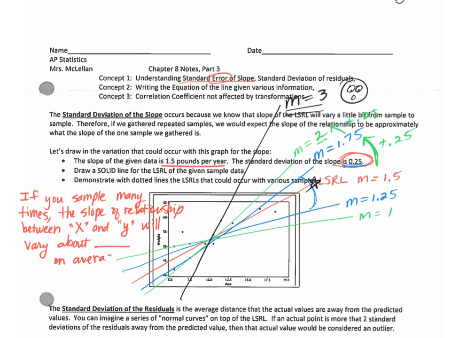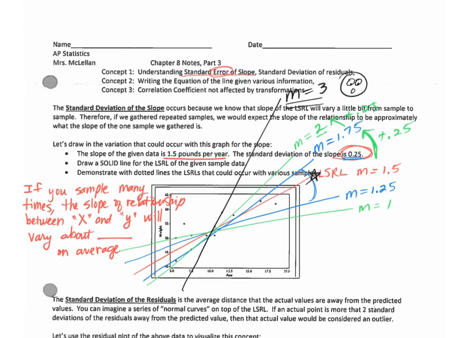Okay, so if you sample many times, I'd expect the slope you find of the relationship between x and y to vary about that much on average over time. Okay, and it has its own song.